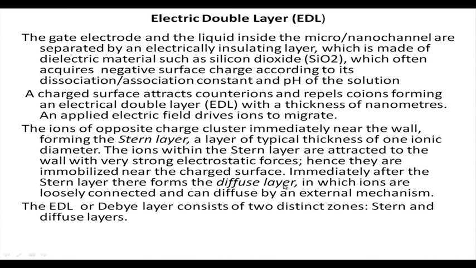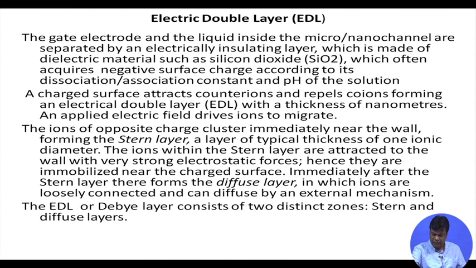So, this gives an idea of how surface charge develops. Now, normally the electrodes or the channel interfaces are made up of a material like SiO2, silicon dioxide. This will create a negative surface charge on the surface.